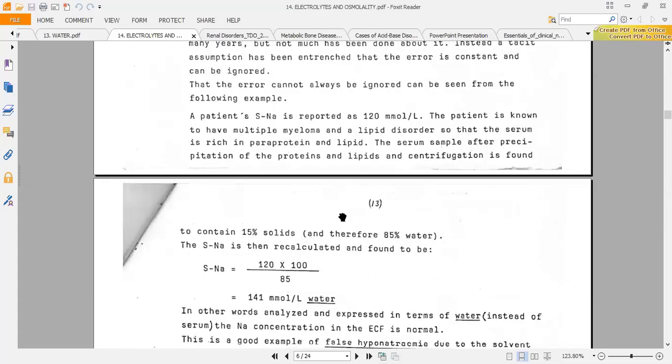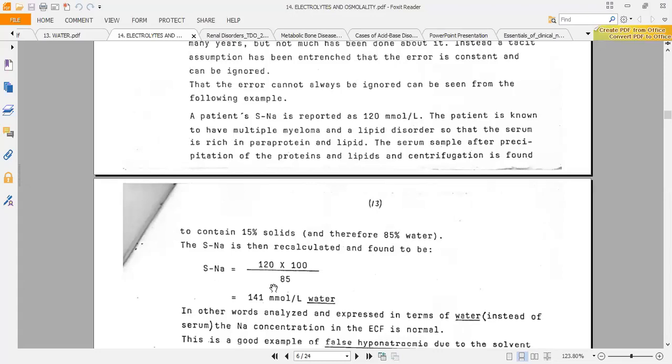So for example, there's an illustration here that you measured someone's sodium level and it was 120. Then, not knowing that this person has multiple myeloma, and I'm sure you know that in multiple myeloma you have a lot of proteins and lipid disorder. Later on, they notice that the water is 85% and the lipid is 15%. So you have to correct this, because the sodium that we want should only be how much of it is dissolved in water, not how much of it is dissolved in all the other solvents.